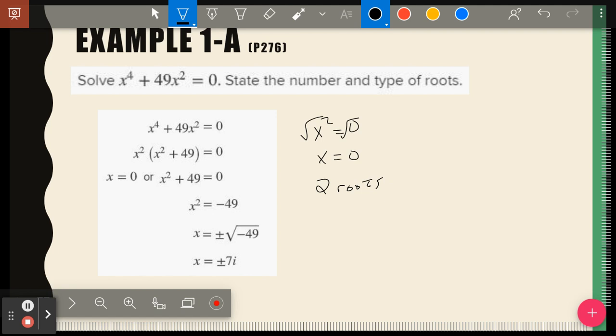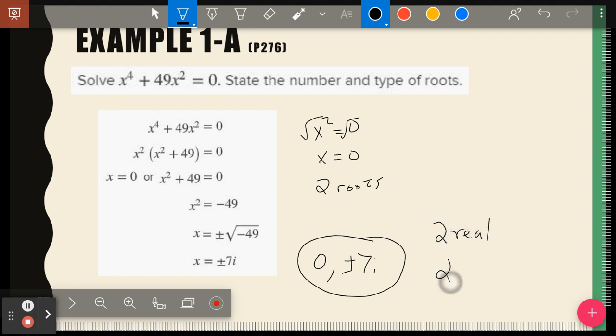The answers are just 0 and plus minus 7i. It says state the number and types of roots. That's two real and two imaginary roots. That's what they mean by that. They want you to take the extra step to process that you understand there are some imaginary answers.